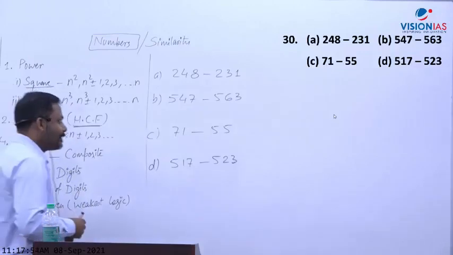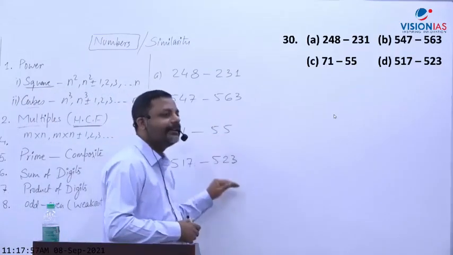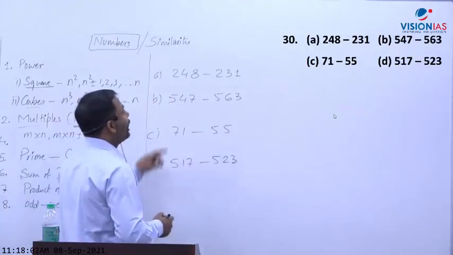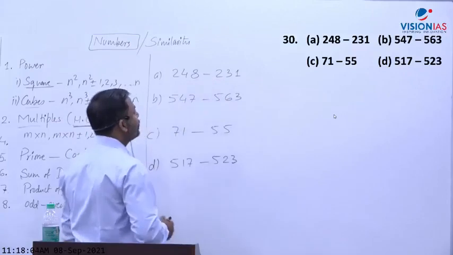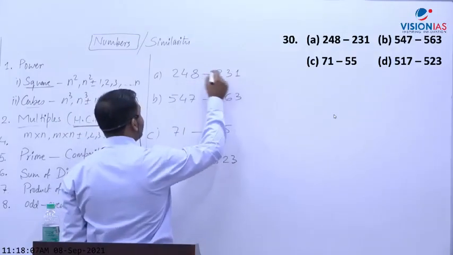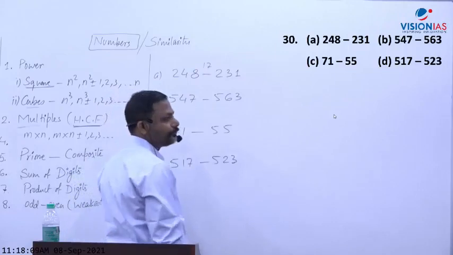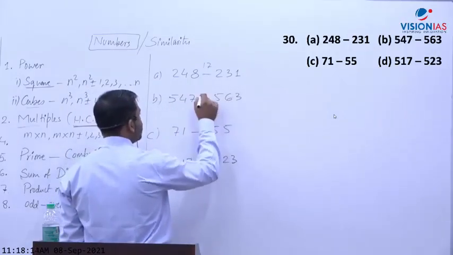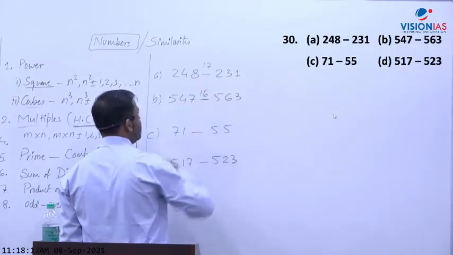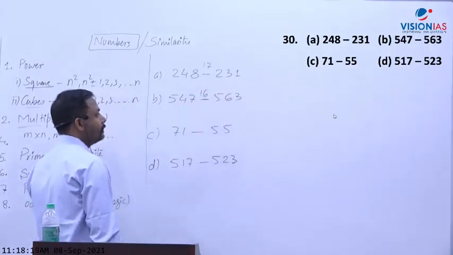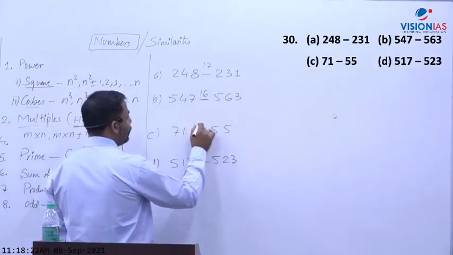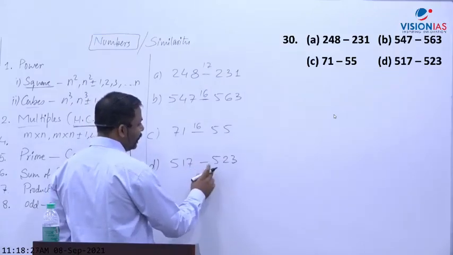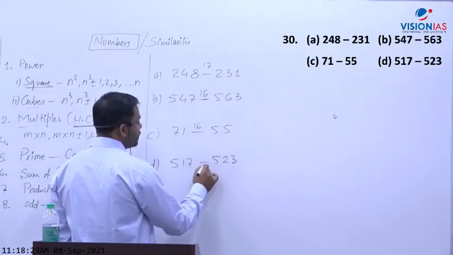So by applying this logic, since these three numbers are 3-digit numbers, this is the only 2-digit number. But when you find the difference between 248 and 231, the difference is 17. Now, between 547 and 563, the difference is 16. Between 71 and 55, the difference is 16. And between 517 and 523, the difference is 6.